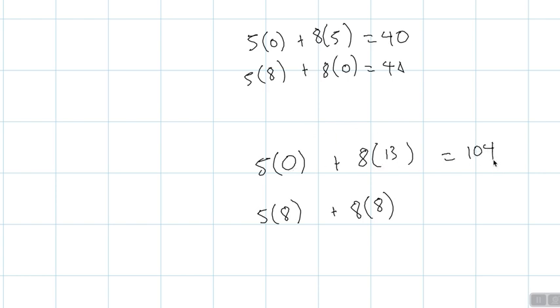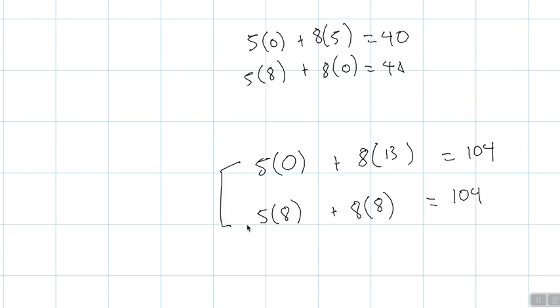This is 104, by the way. And this result is not going to change because we decrease this by 5 and increase this by 8. So the net change is 0 here. But now what happened is 8 is greater than or equal to 8. It's equal to 8. And this is 104.